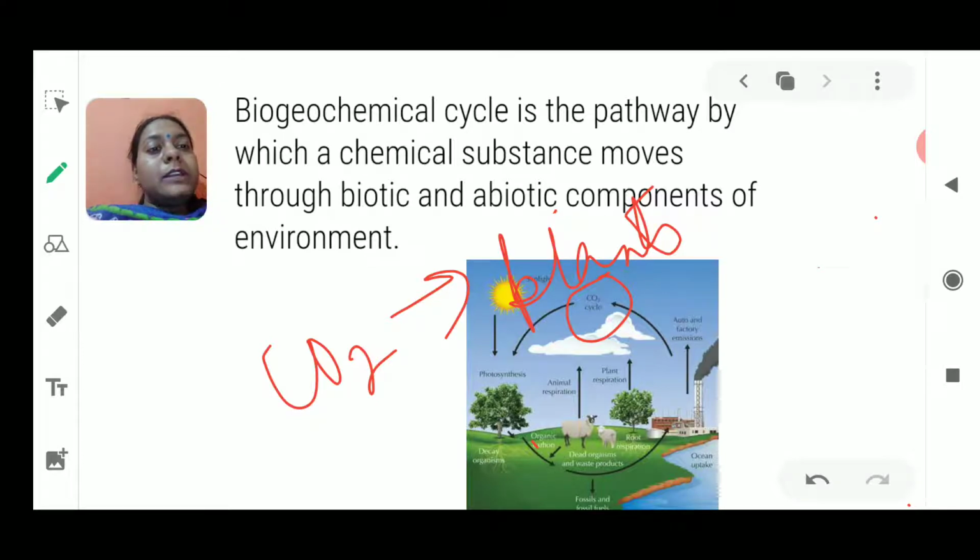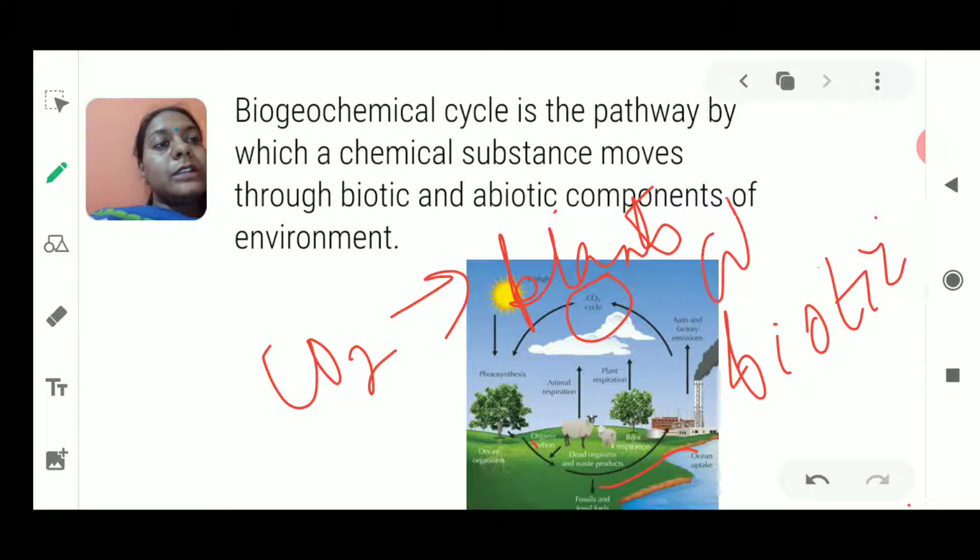Similarly here fossil fuels are there, the carbon cycle is going on, the water cycle is going on, the nitrogen cycle is going on. So many minerals are formed just because of these biogeochemical cycles, and biogeochemical cycles are the main interaction between the biotic and the abiotic components.